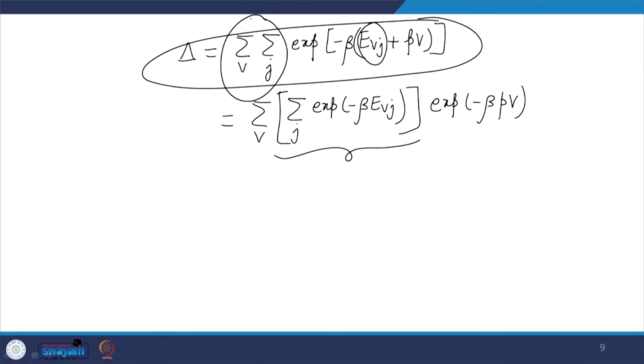Whenever I put this simple-looking sum over all the volume and all the j, that sum will contain a very large number of terms that corresponds to the number of possible conformations. So, even though once I know this partition function I can find everything, getting the partition function itself is a challenging affair.